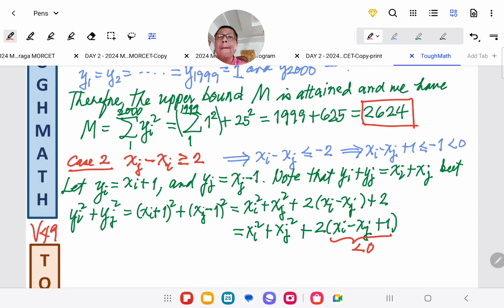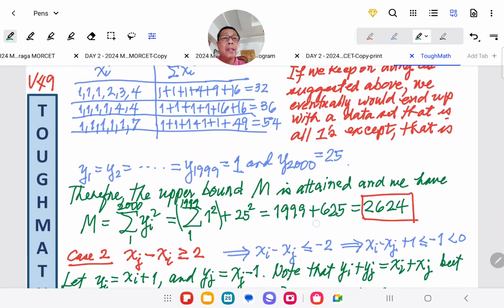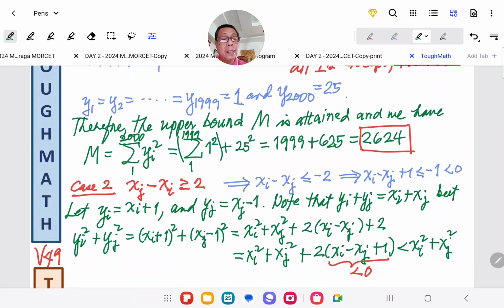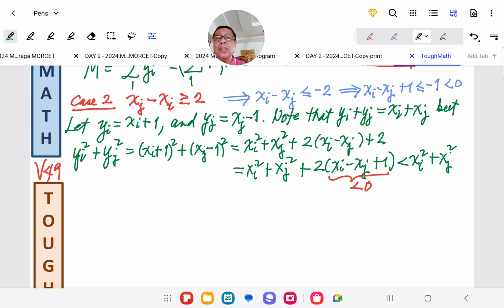Therefore, this is less than x sub i squared plus x sub j squared. Okay. So, if we do the reverse of case 1, the sum of squares decreases.